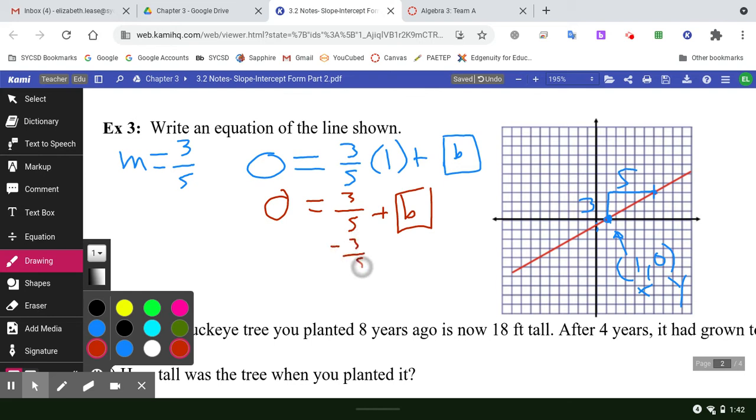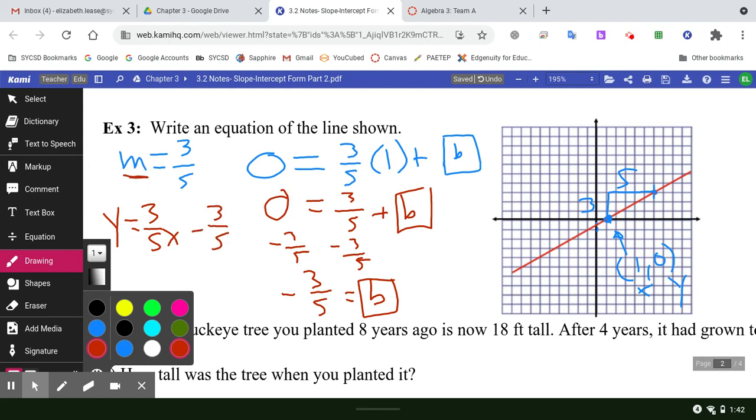So subtracting 3/5 tells me that negative 3/5 itself is my starting point. This makes my equation then y equals 3/5 x, again because that's our slope, minus 3/5, since that's my starting point. So while on the graph it almost looks like the starting point is negative 1/2, it's actually more accurately negative 3/5.